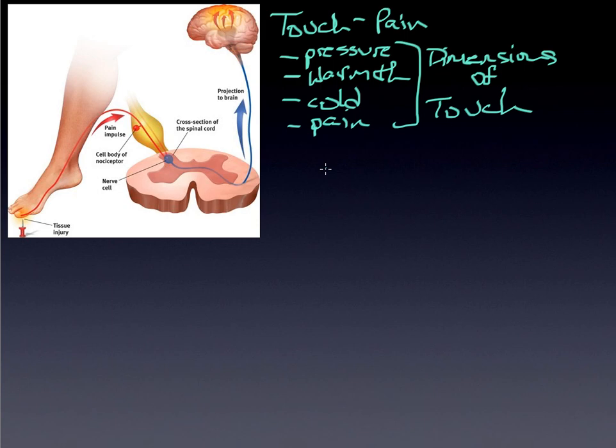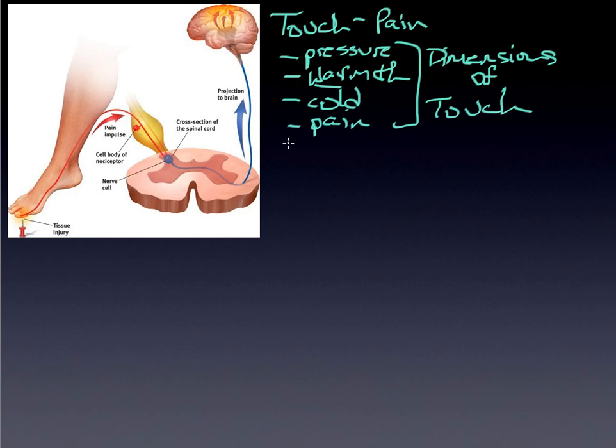So when we say that something is hot, it's more than just straight warmth. And then you get into the whole physics of it with hot and the absence of cold and those sorts of things. But touch sensations involve more than just tactile stimulation.